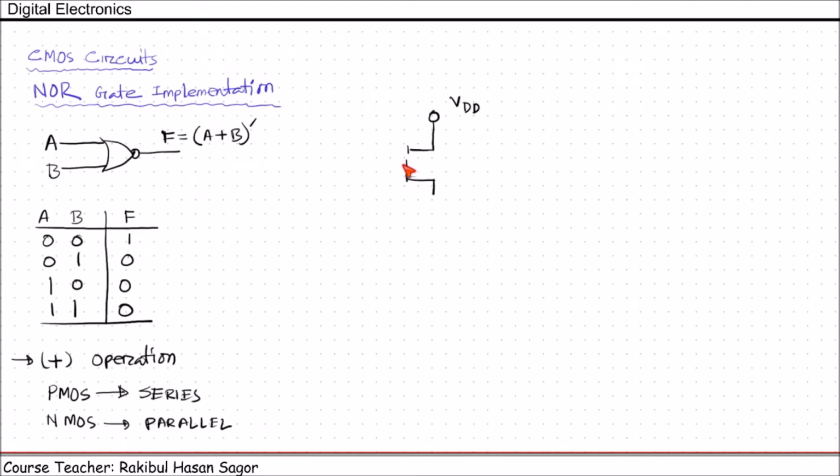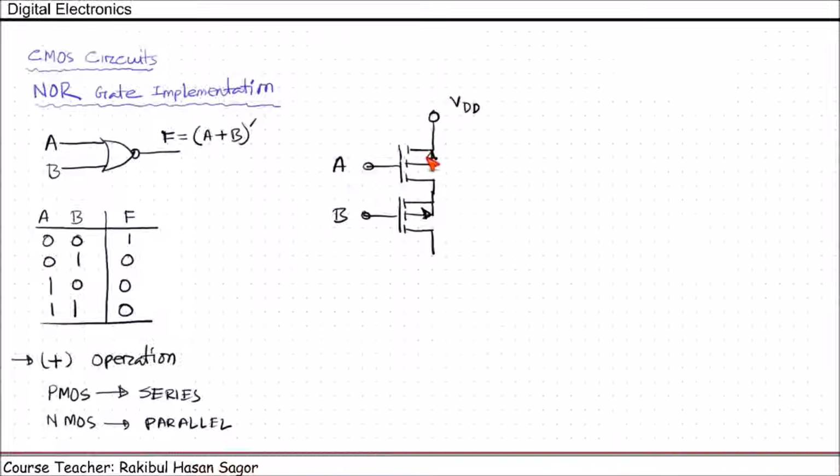This is PMOS. This is the gate, and we'll provide one of the inputs through this gate. Another PMOS will be here. This is connected here. We have gate here, B. They are connected in series, and this portion is the pull-up network.